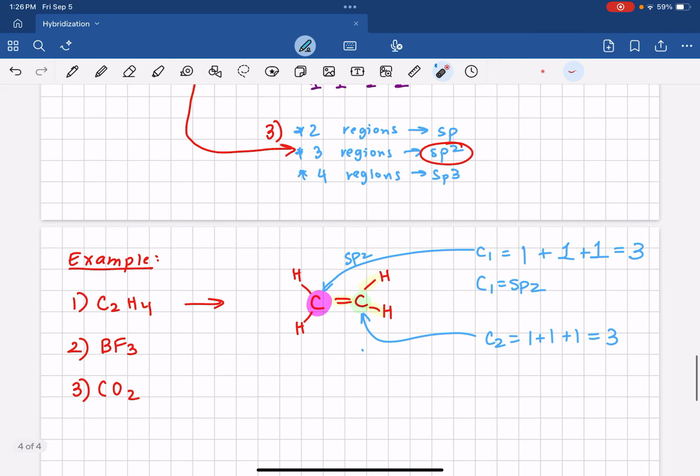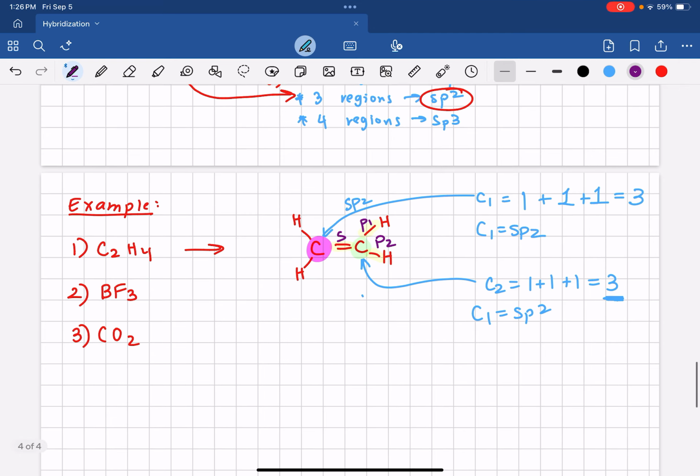So adding them all up together is 3. And then if you look at it, again, 3 regions is sp2. We can count sp1, p2 if you want to try that shortcut as well. So both carbon 1 and carbon 2 are sp2.